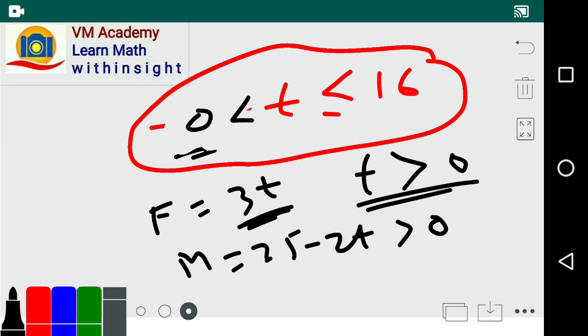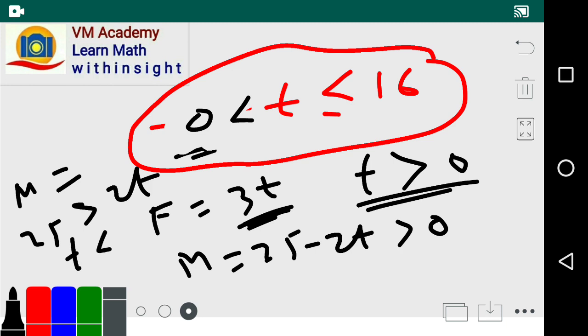That means 25 is greater than 2t, that is t is less than 12.5.